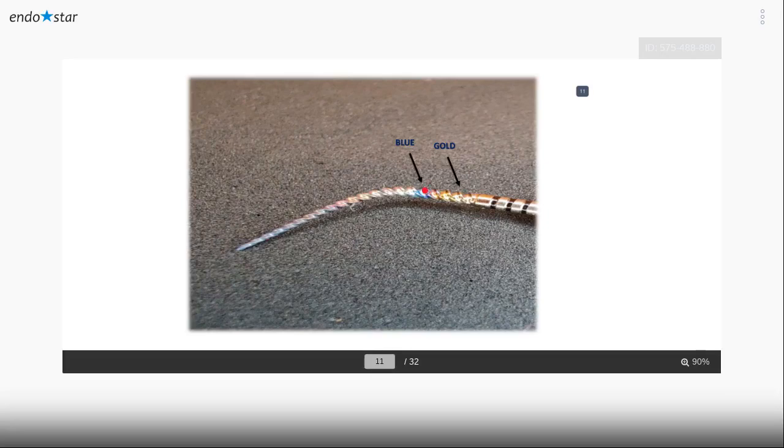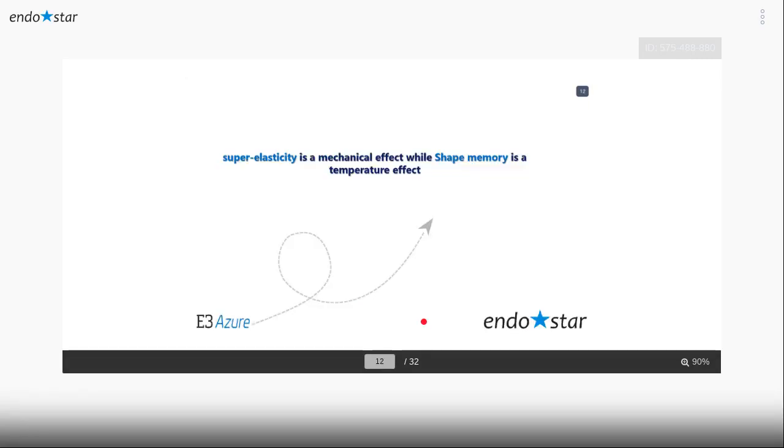So what I can gain from all this data, to simplify it a little bit, is that super elasticity is mainly a mechanical effect, but shape memory is a temperature effect. What it means is that when your file is super elastic, it's also called pseudo elasticity.